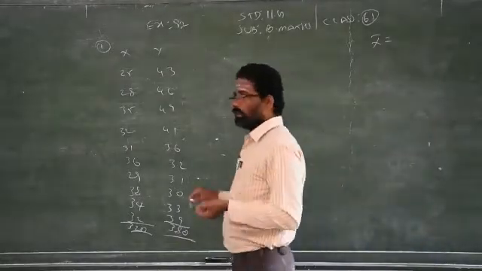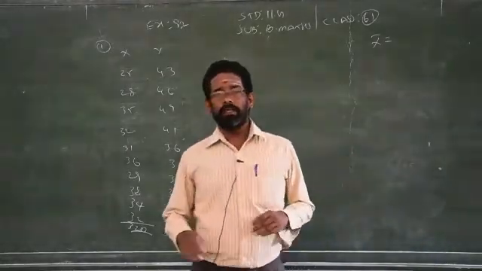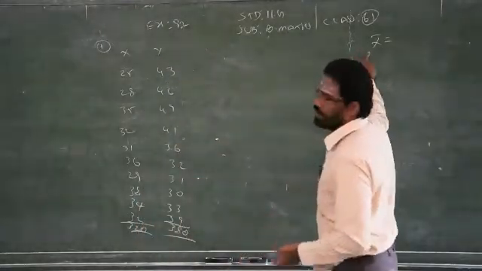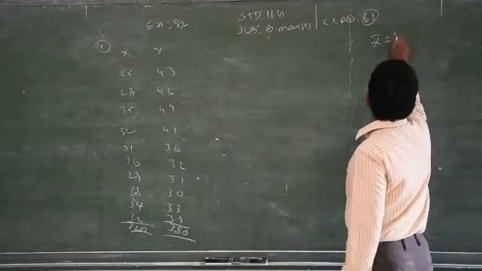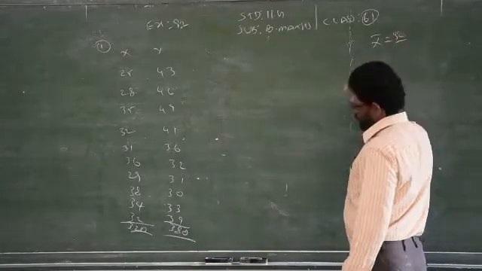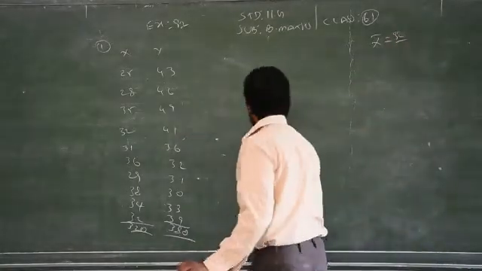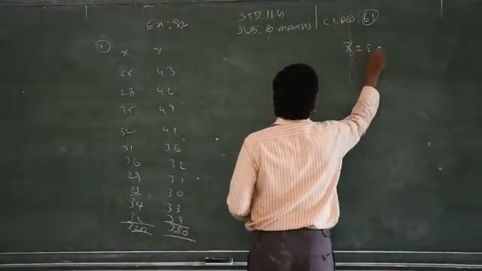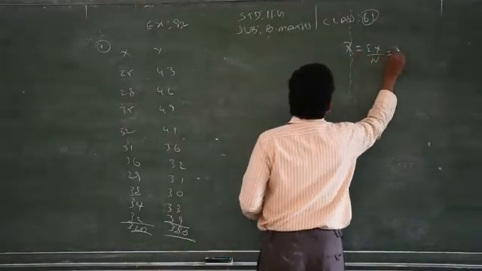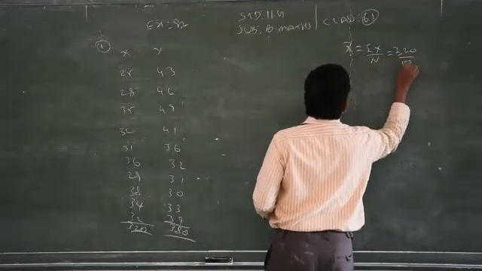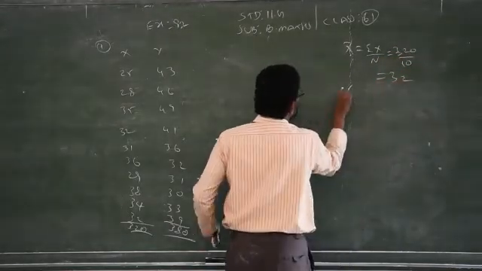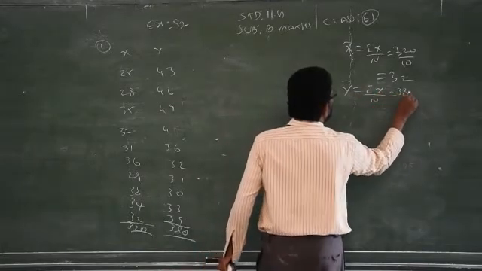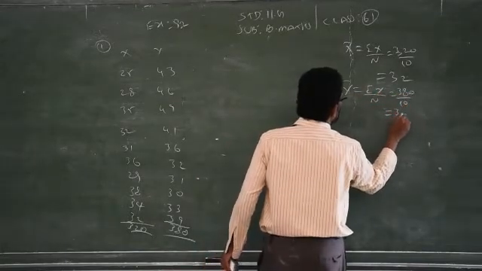You have to remember these when you apply them. How do you find x bar? The formula is summation x by n. Summation x is 320, number of data is 10, so 32. Similarly y bar is summation y by n, 380 by 10, which gives 38.